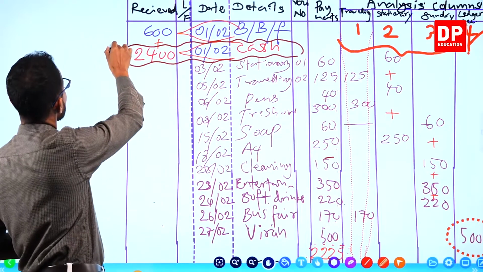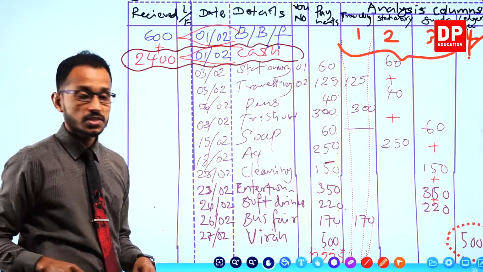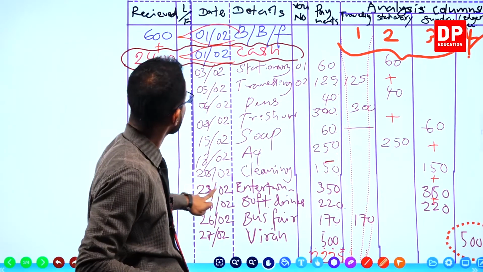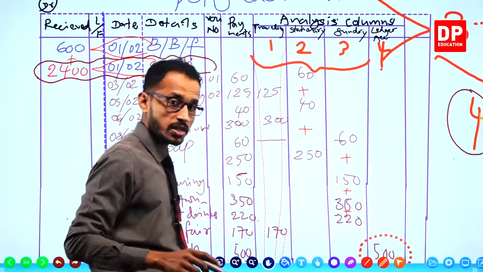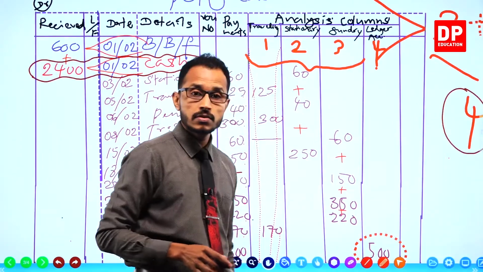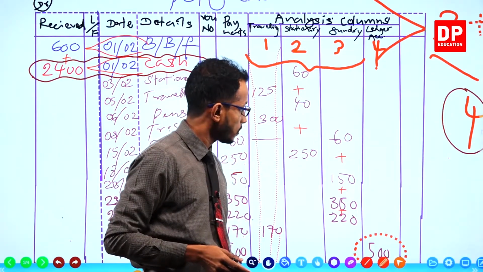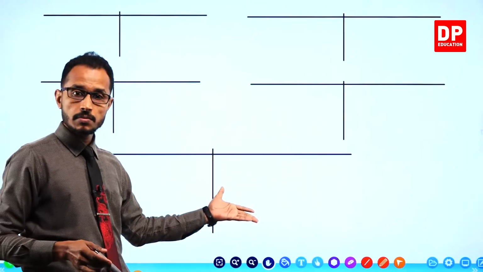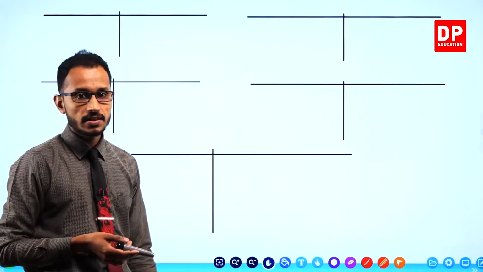So with that, we need 5 ledger accounts. Let's check whether we have the enough number. Yeah, we have the sufficient number of ledger accounts that we need.